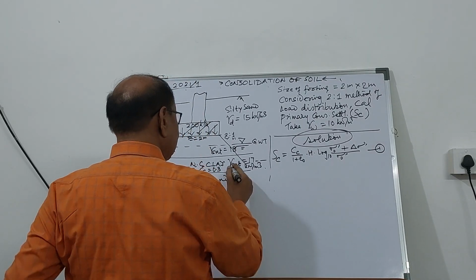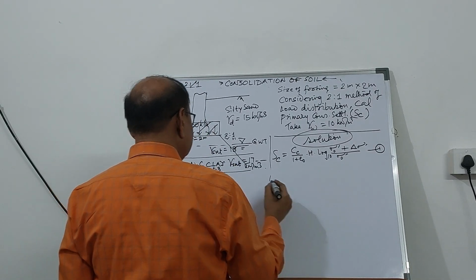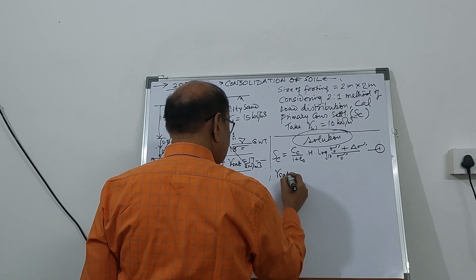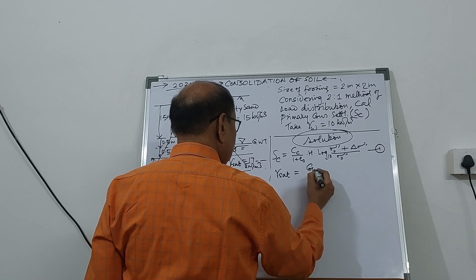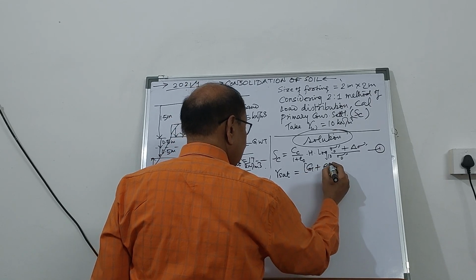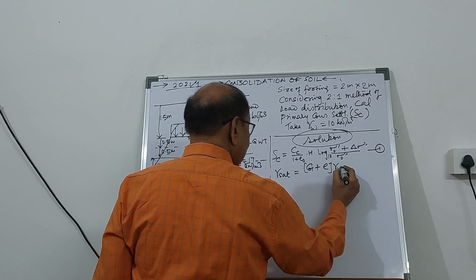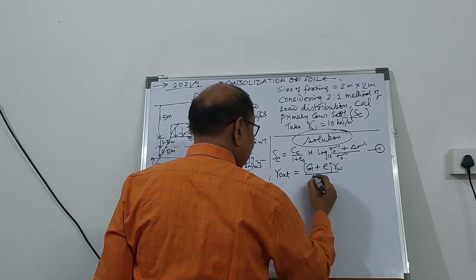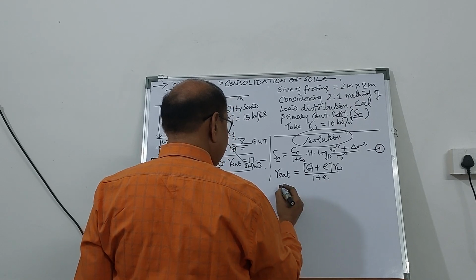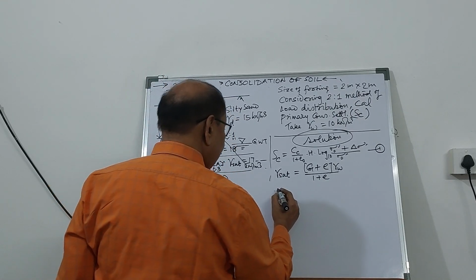So what is the relationship between gamma sat and G? That you know. Gamma sat equals (G plus e S_r) into gamma W divided by 1 plus e, where S_r is 1. Therefore, from this I can find out the e naught value.